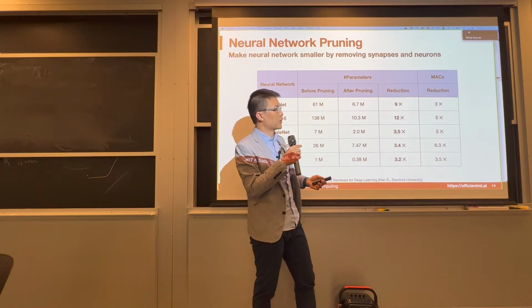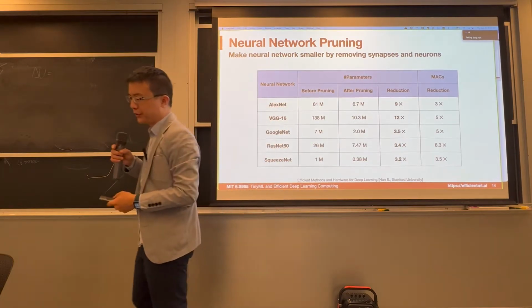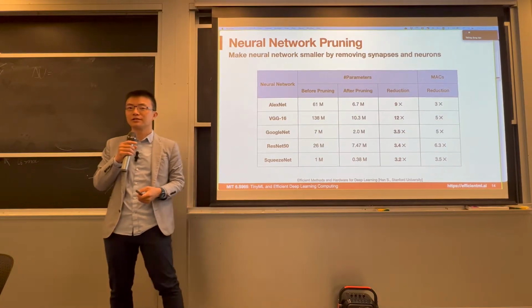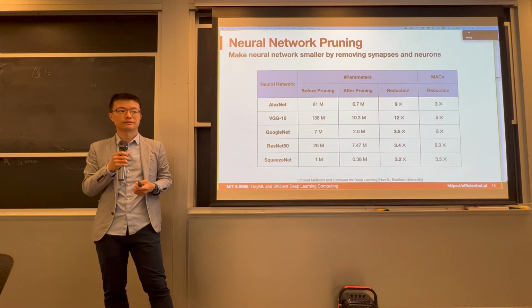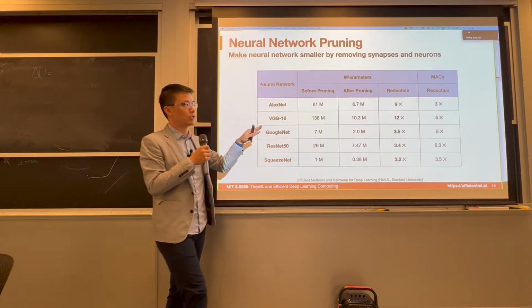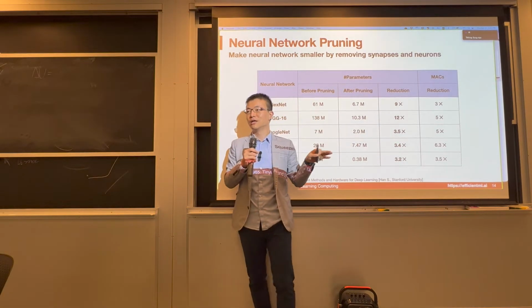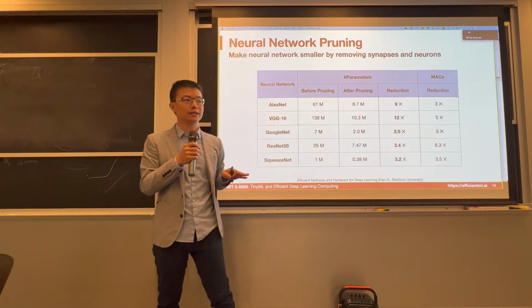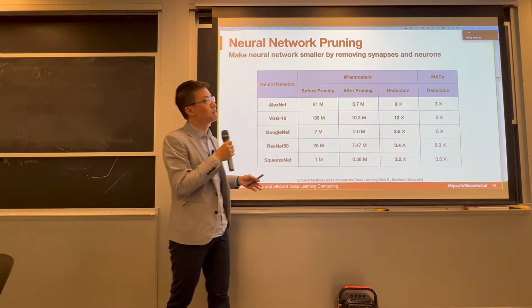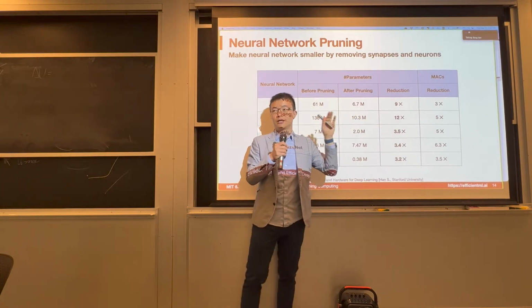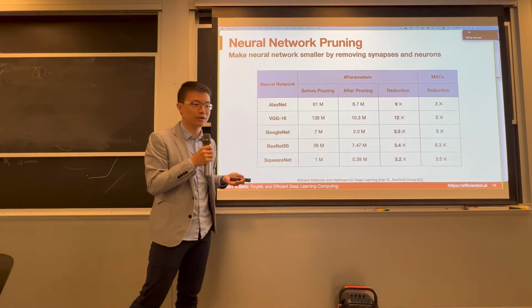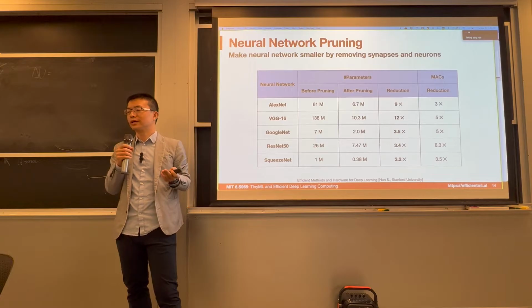Why is the reduction for MACs different from the reduction of the number of parameters? They have different calculations, right? Remember, in the last lecture, we described how to calculate the number of parameters versus the number of MACs. For a convolution layer, what is the number of parameters? It is the kernel size times the kernel size times input channel times output channel, right?